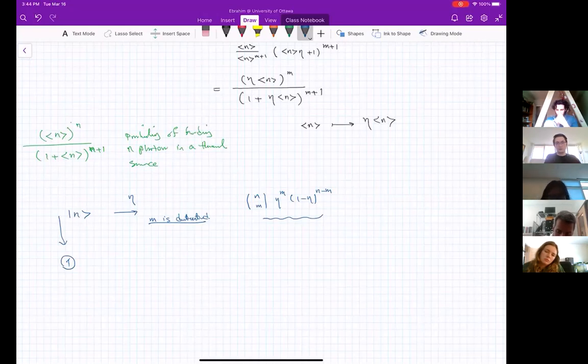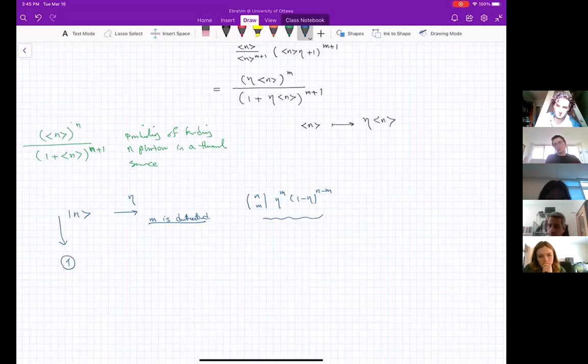That is the take-home message that you should know: the inefficient detector might simply reduce the average photon number from n to eta n for the case of thermal and coherent state. But when you deal with quantum light, of which the Fock state is one, then you may get problems.